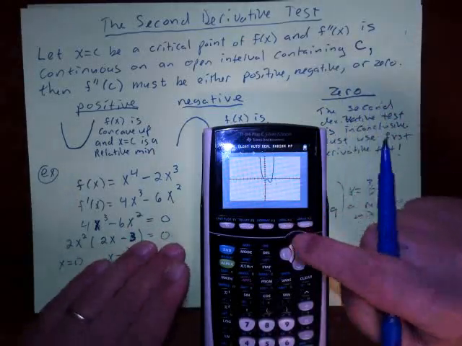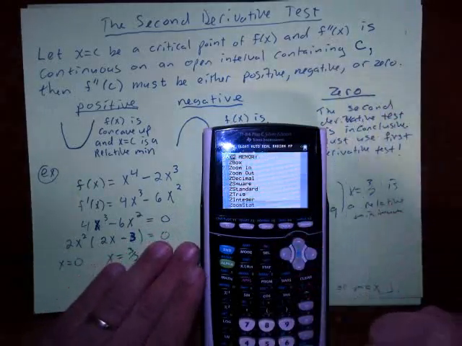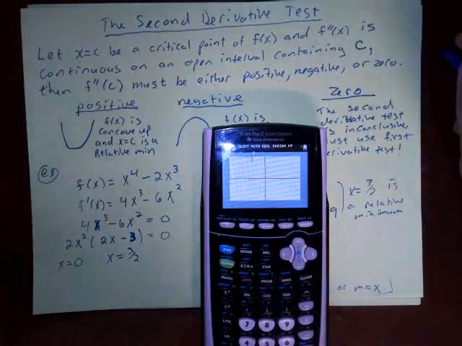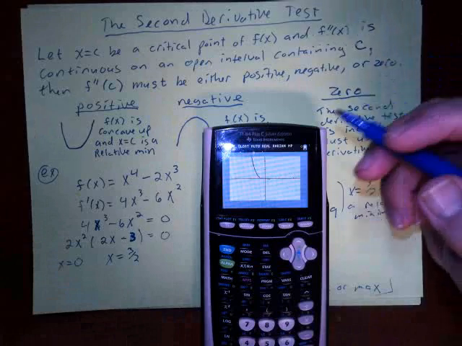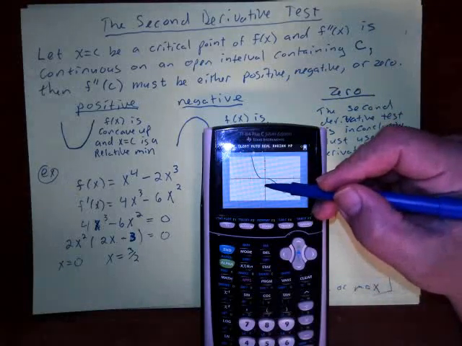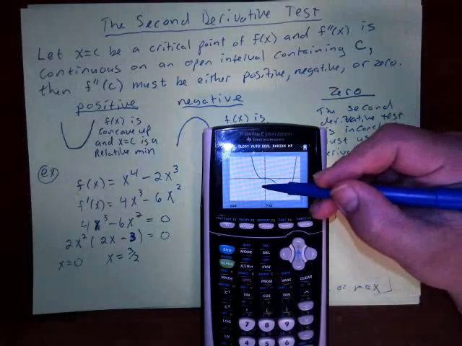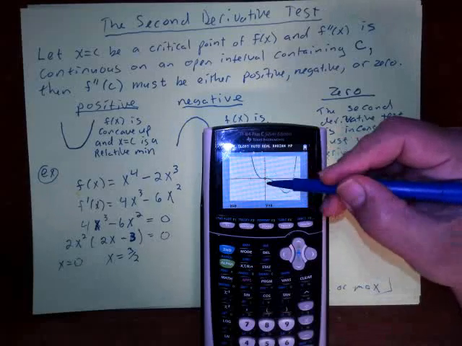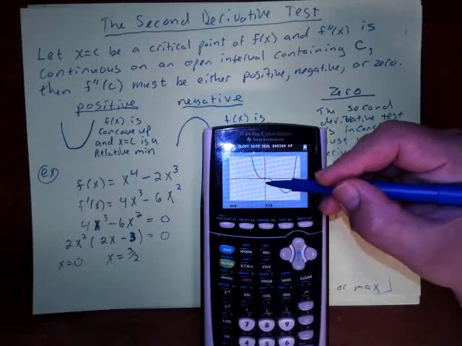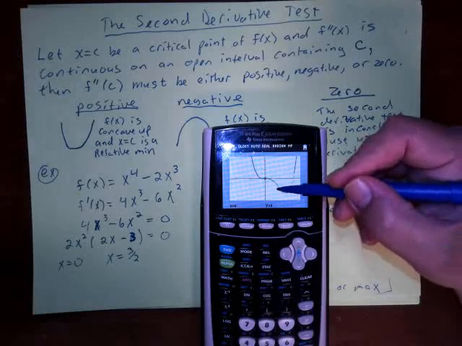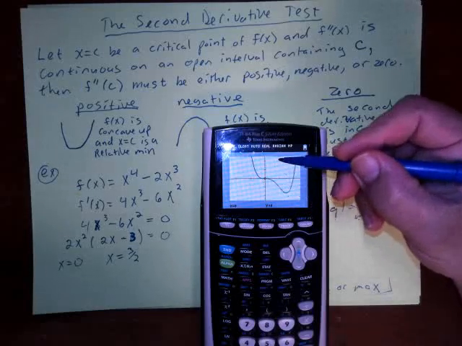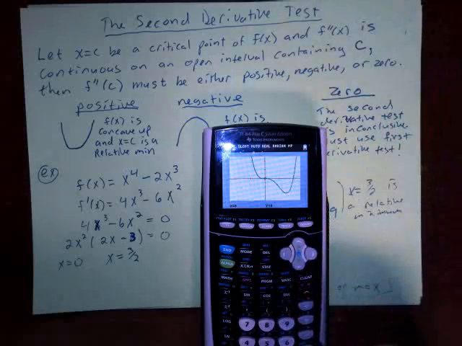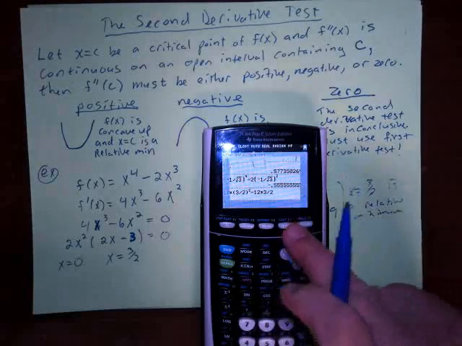Maybe I'll zoom in on that center. We see that critical point at 0. The derivative is 0, it's a horizontal tangent, but it's neither a min or a max. It was negative this way, and then it goes back to being negative that way, as opposed to positive. So that's neither a min or a max. Now this one over here should be the 3/2. That's the relative min.